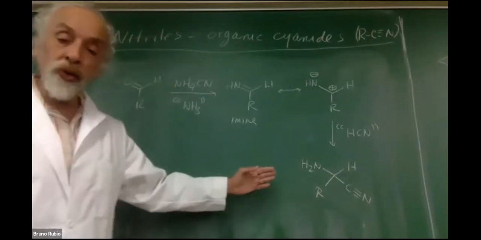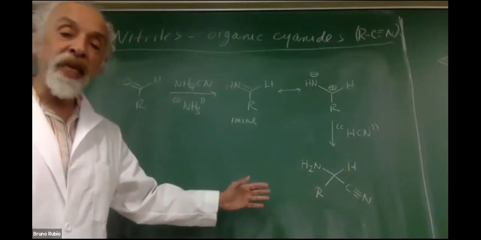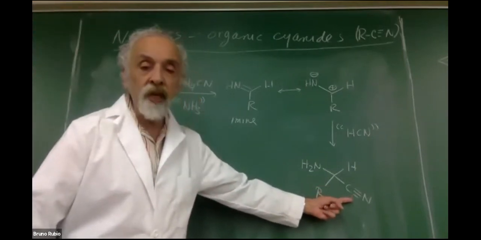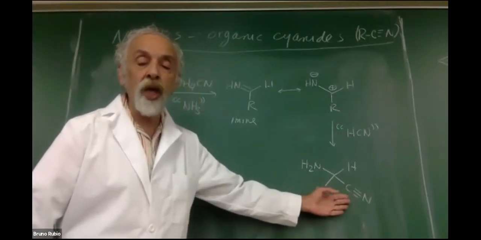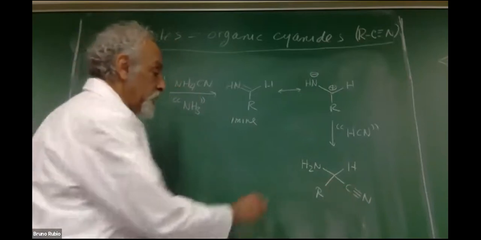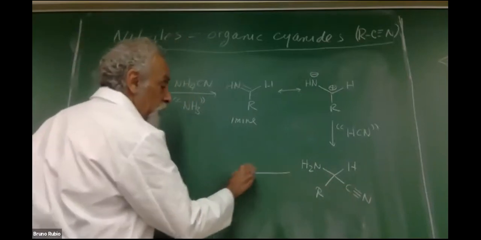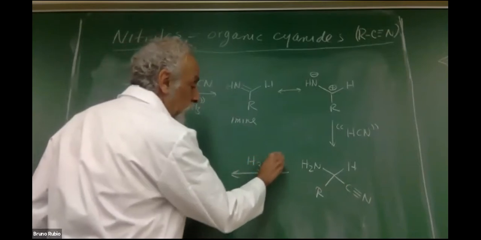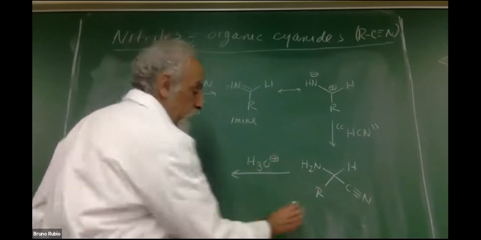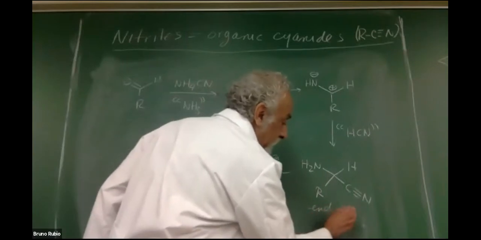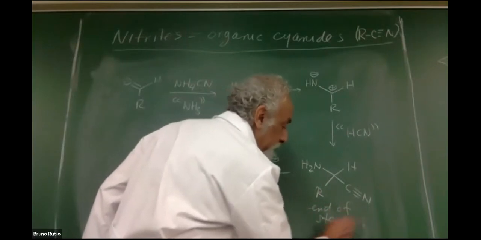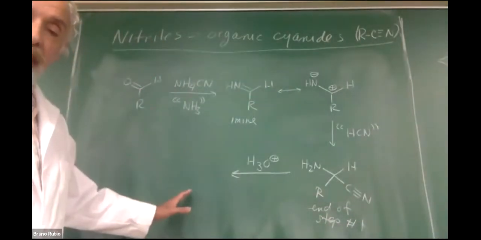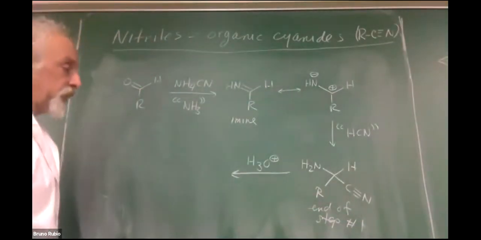Now, to achieve the alpha amino acid, all we need to do is convert this CN to a carboxylic acid. And so we take this guy and react him with H3O plus. This is the end of step one, and now this is the second step of the Strecker synthesis.